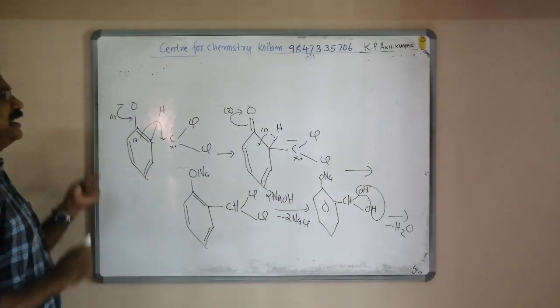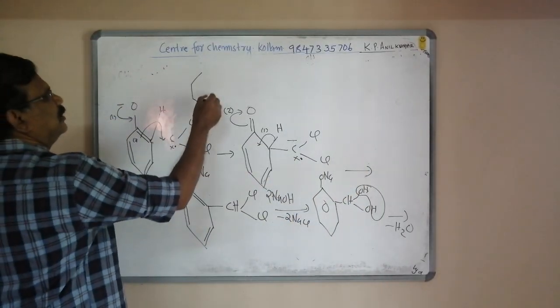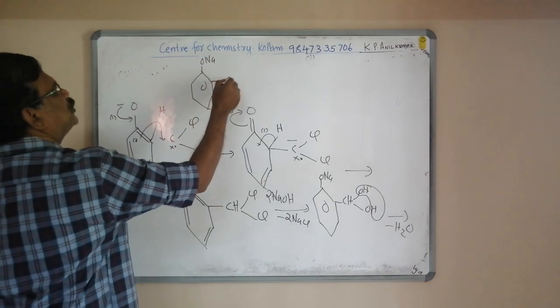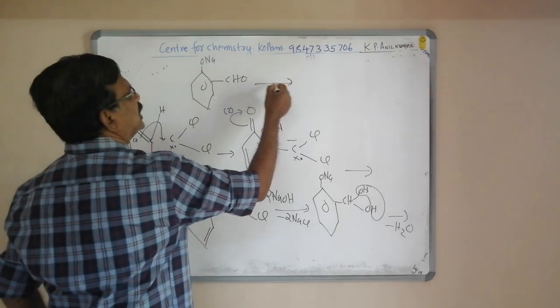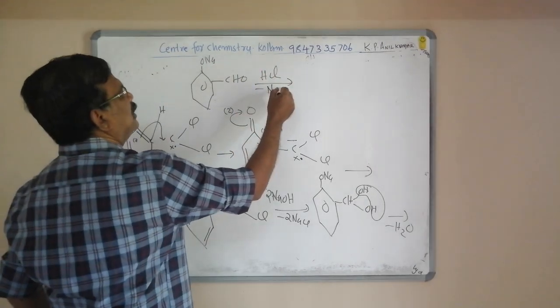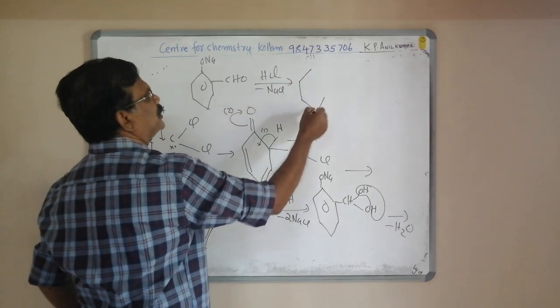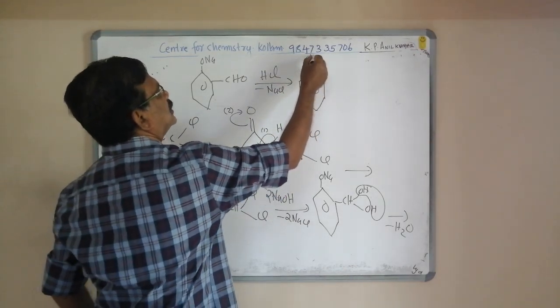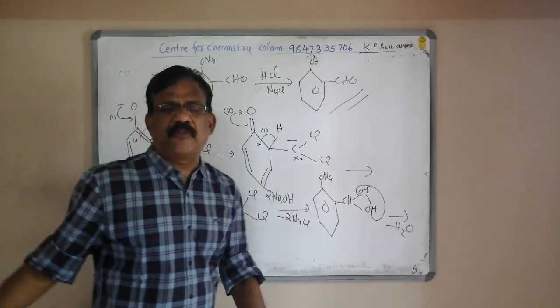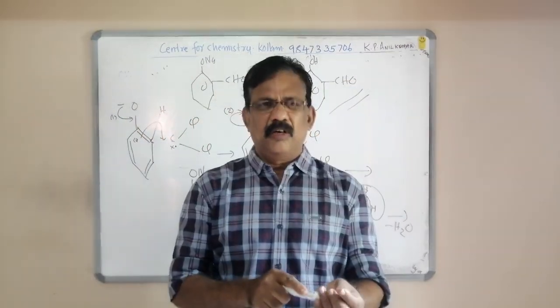So the answer is ONa and CHO. On acidification, the final step, HCl, minus NaCl, and ortho-hydroxybenzaldehyde, known as salicylaldehyde, is obtained. This is the mechanism of the Reimer-Tiemann reaction. Okay, thank you.